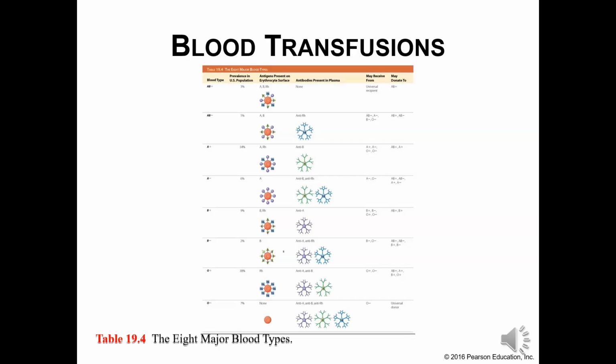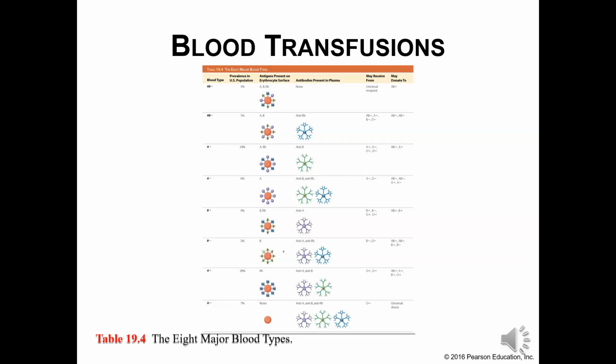This is the 8 major blood types, showing you the prevalence in the United States population, the antigens present on the red cell membrane, and the antibodies present in the plasma. This is who they can receive blood from.